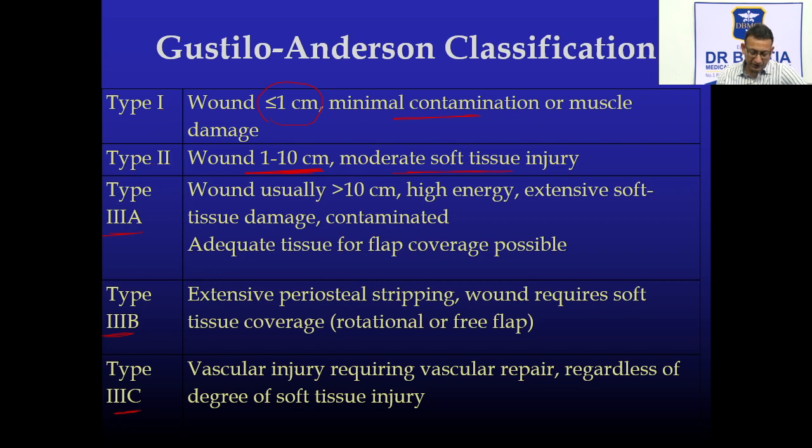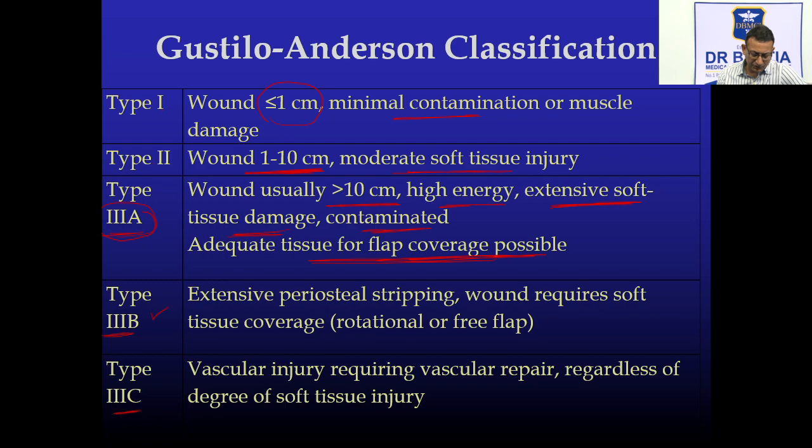In type 3 of the Gustilo-Anderson classification, the wound is usually more than 10 centimeter. This is a high energy injury and will involve a lot of soft tissue damage. There will be contamination of the wound and there will be comminution of the bone as well. But in type 3A fractures, in spite of having extensive soft tissue damage, it is possible to cover the wound with whatever soft tissue we are left with.